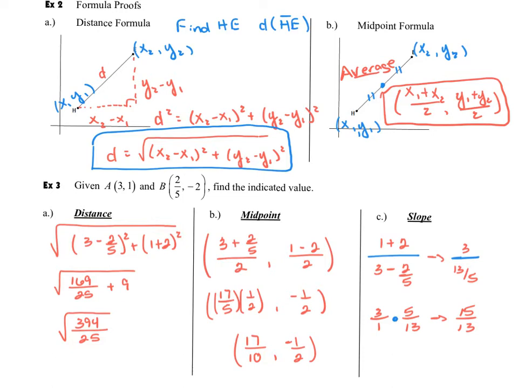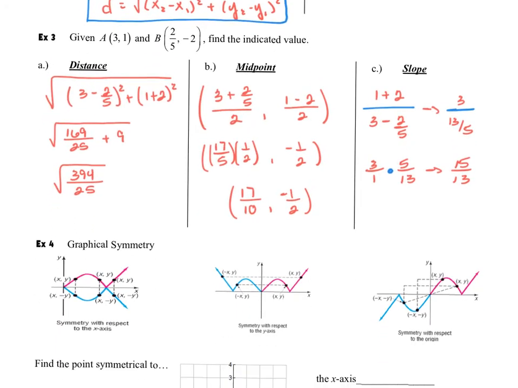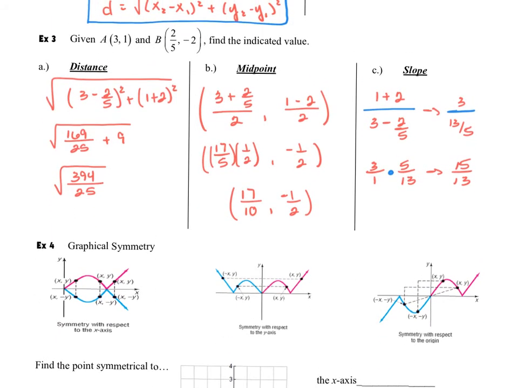Now, let's take a look at this distance, midpoint, and slope question in terms of working with some fractions. This is actually the part where students kind of struggle because they've gotten really comfortable using their calculators all the time. So what I've done here is I've set this up. If I'm asked to find the distance, I'm going to go ahead and do my subtraction. Remember, it didn't matter whether I did the b minus a or the a minus b.